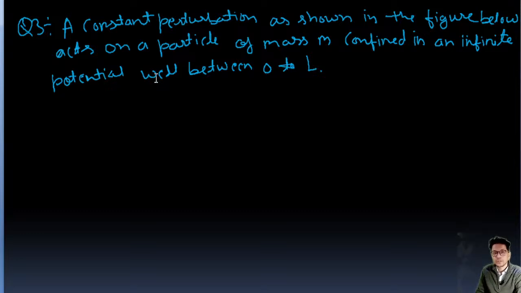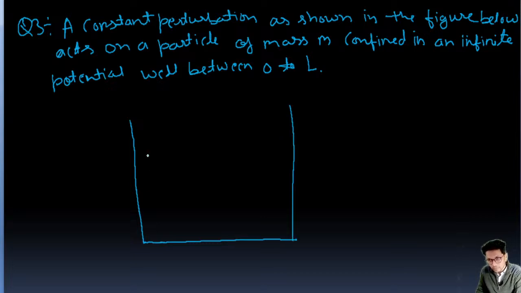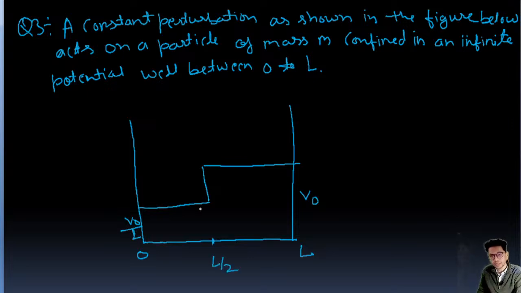Okay, and the figure is given. I'm going to make a figure. This one, this is V0 by 2, this is V0, okay, this is 0, this is L, and this is L by 2.